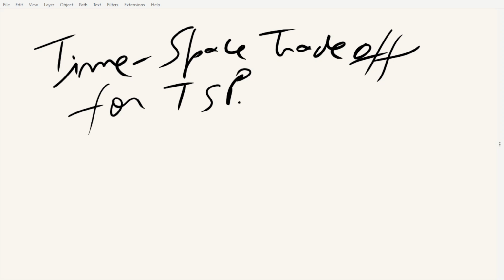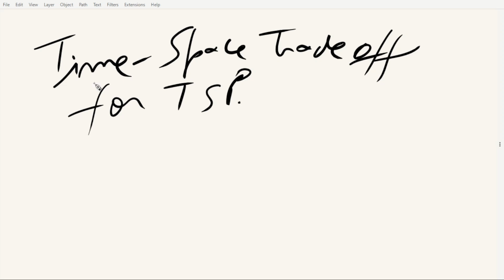So now we'll design a dynamic programming algorithm for TSP. First we should determine the optimal substructure of TSP. We have to express the solution of the original problem in terms of the solutions of the subproblems, and we will have overlapping subproblems. We'll avoid solving the subproblems more than once to save time, and to keep track of the subproblems, space complexity will increase.